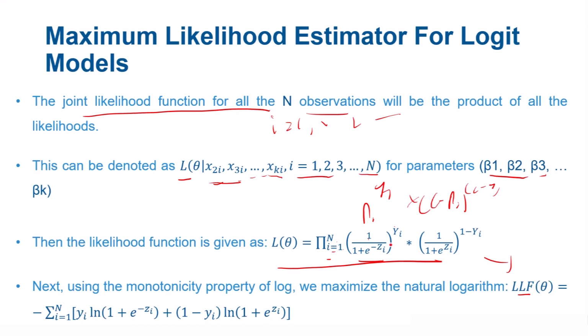This summative form is achieved because it is a logarithm. Now all you need to do is maximize this function, and you get your log likelihood function's maxima. So maximizing this function will give you the log likelihood function maxima that you want. So in this video, we summarized how to maximize the likelihood function for a Logit class of model.